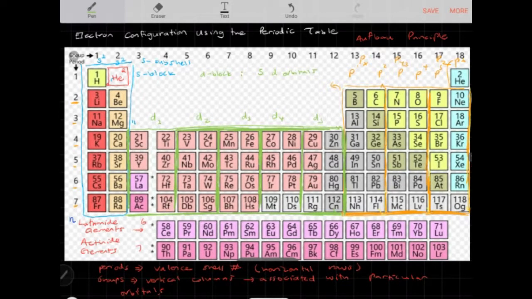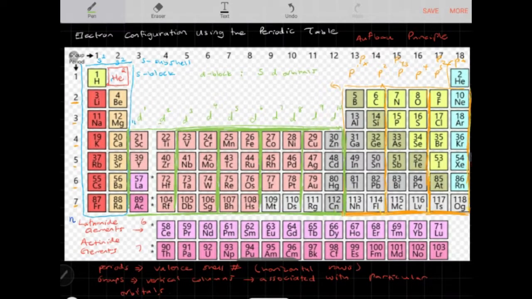But we want to look at each orbital specifically, right? So this is D1, right, so this is the electron in one of the D orbitals. D2, this is D3, D4, D5, D6, D7, D8, D9, and D10. So that's consistent with our D subshell, right?